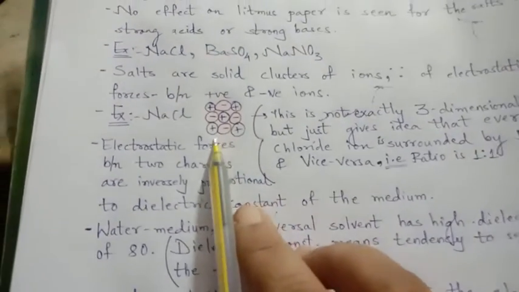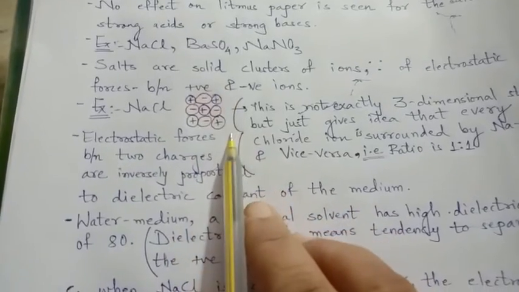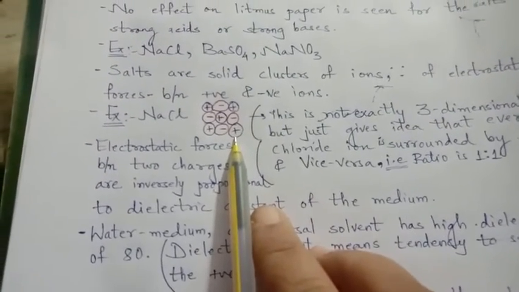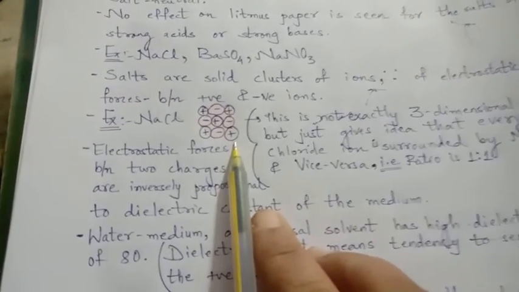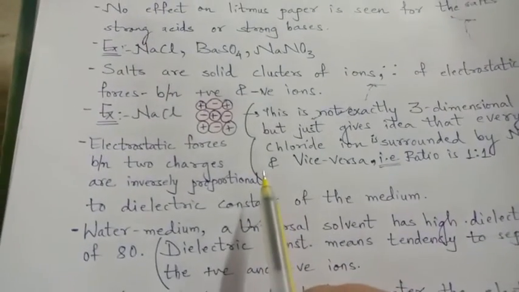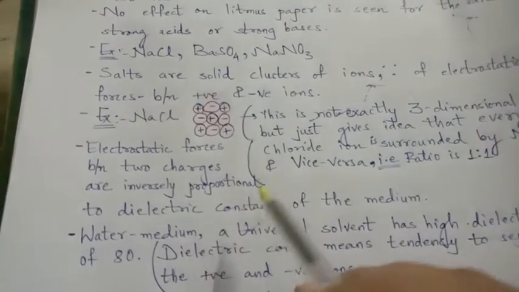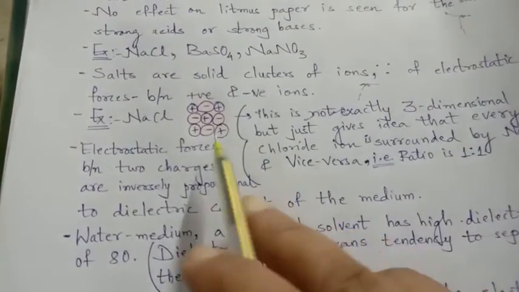Actually, this is not the three-dimensional structure, but it gives us the idea that in three dimensions, it is in a cubic form, a crystal form, a lattice form, right? You know the dice, when you play Ludo? That is called a lattice.